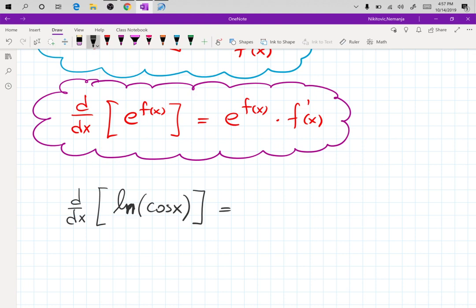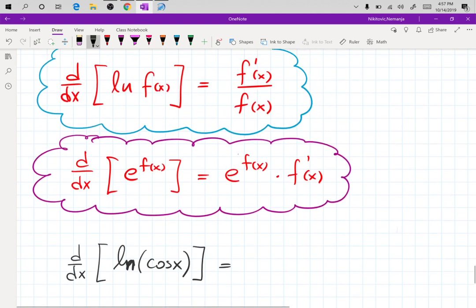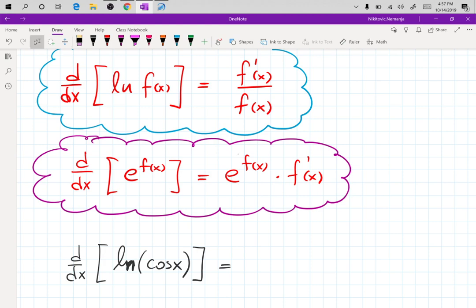You can use the formula, the derivative divided by the function, or you can use the chain rule. So let's do both. If you're using 1 over x, you're going to go 1 over cosine x times the derivative of cosine x, which is negative sine x. So the total is negative tangent x. Sine divided by cosine is tangent, right?